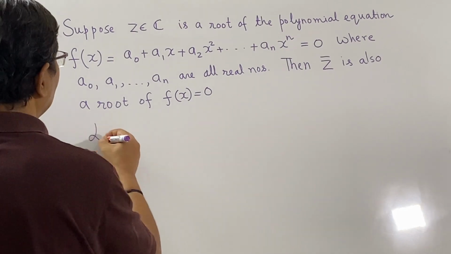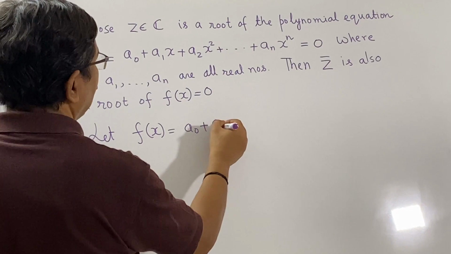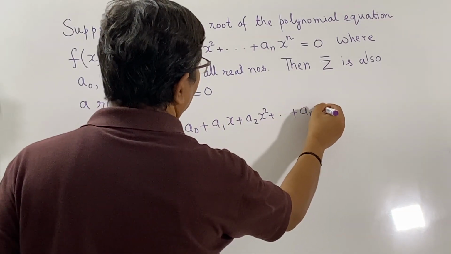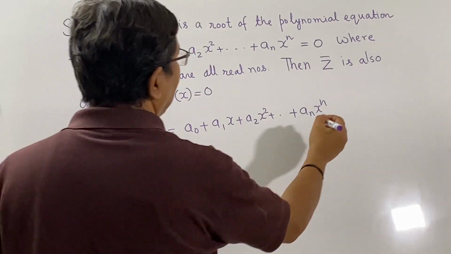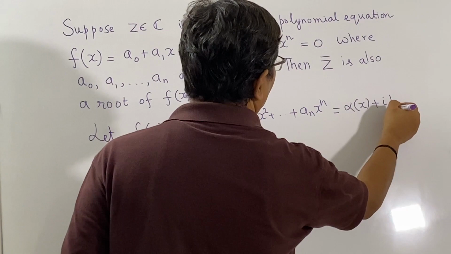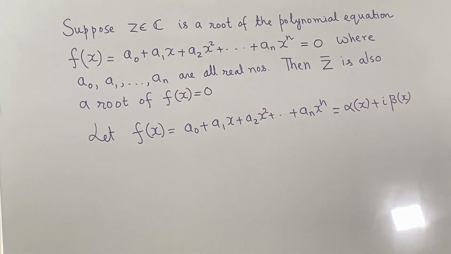So, let f(x), which is a0 + a1x + a2x² + ... + anxⁿ, be represented as α(x) + iβ(x). Now, α(x) and β(x) are real numbers depending on x.